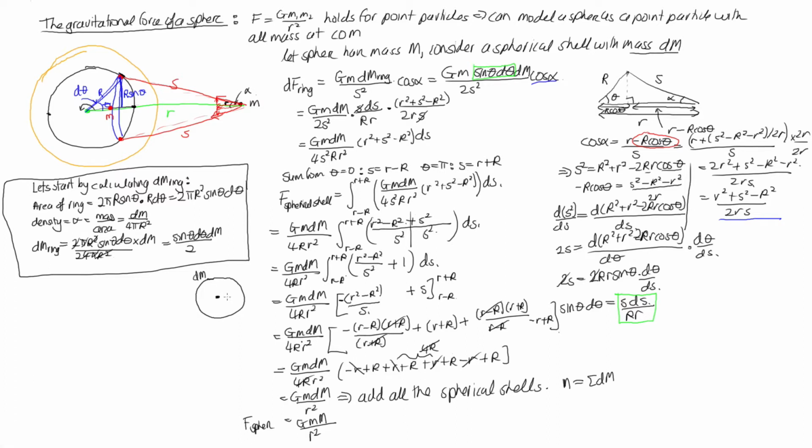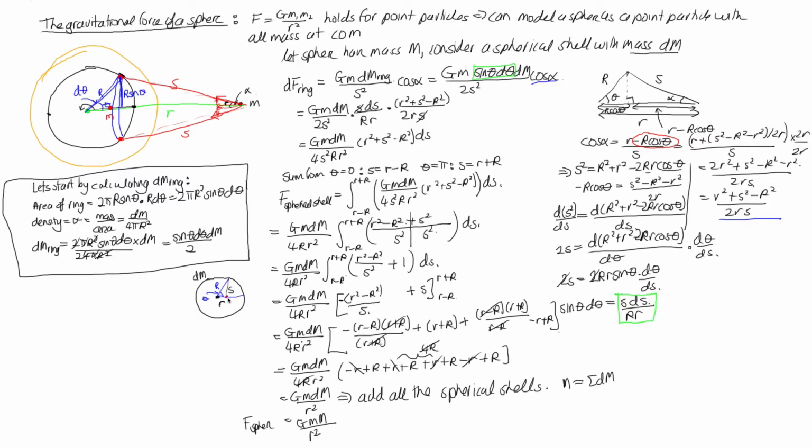Our little mass m is here, and the distance between the center of the sphere and the mass m we shall still refer to as little r. And we're going to consider the same ring as we had before. It's a radius r away from the center of the sphere, and it's got the same width and area, and we've got the same angle theta here.